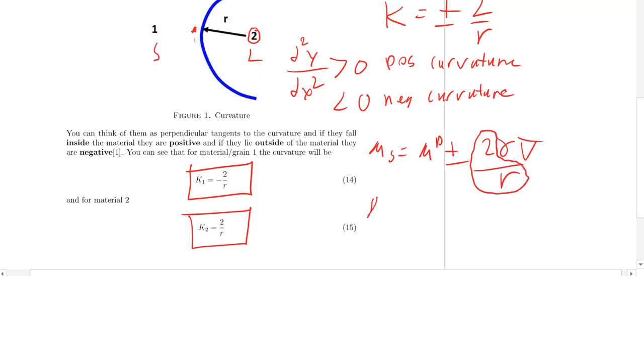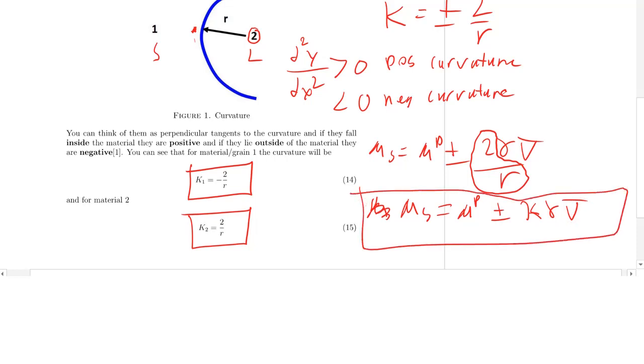So we could rewrite this: the chemical potential for a sphere is going to be the chemical potential of a plate plus or minus curvature, kappa, times gamma V bar. So our chemical potential will change depending solely on this parameter of curvature.